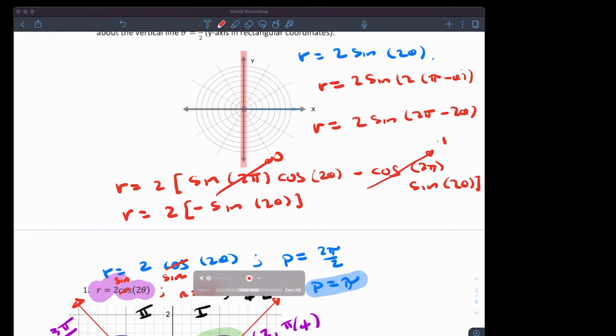Something's bothering me here. Sine A minus B is sine cosine minus cosine sine, so it looks like we're okay.